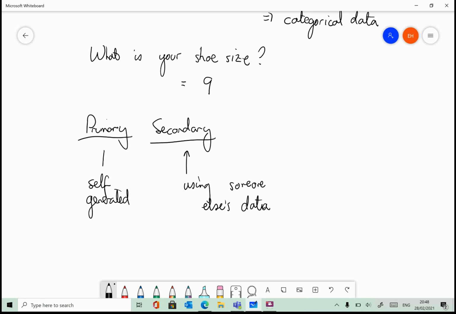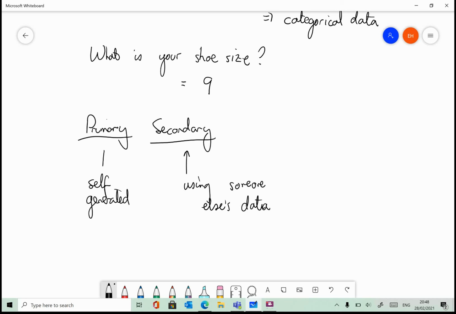Okay, so primary is self-generated, secondary we're using someone else's data. So for example, if I stood outside the school and I asked people, or I counted the number of cars passing by in an hour, okay, I would be generating primary data.